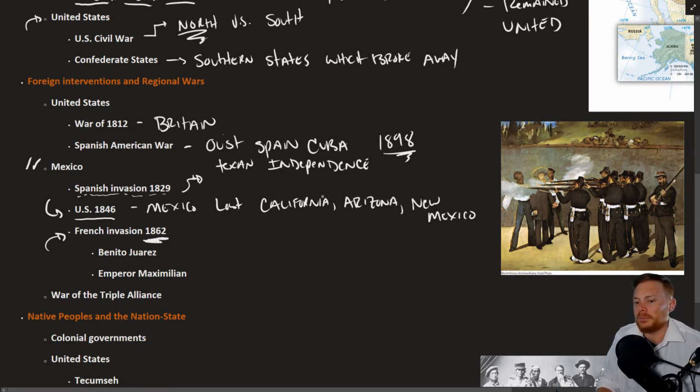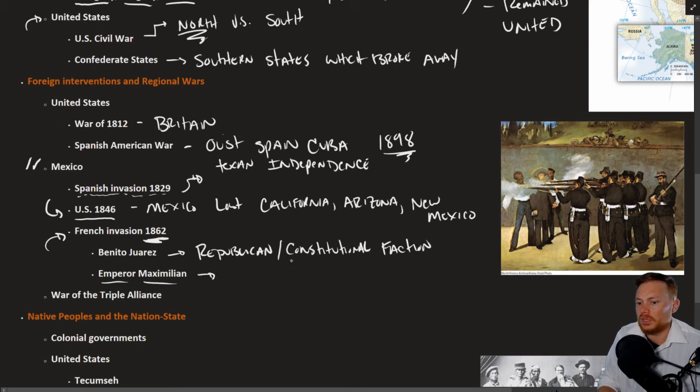And that was a time period where the government in Mexico was incredibly unstable. Benito Juarez represented the Republican/constitutional faction in Mexico, and he was fighting against Emperor Maximilian, who came over, he was part of a royal family in Austria, part of the Habsburg throne.